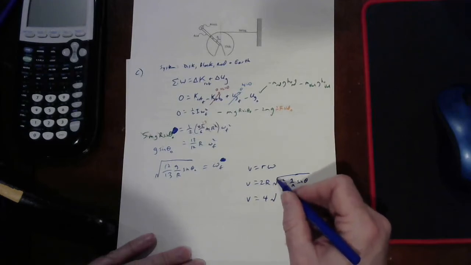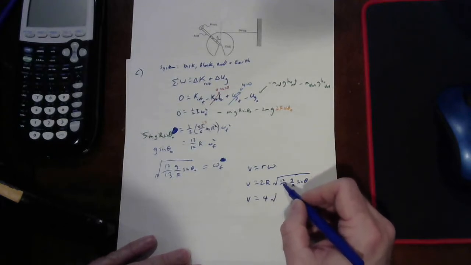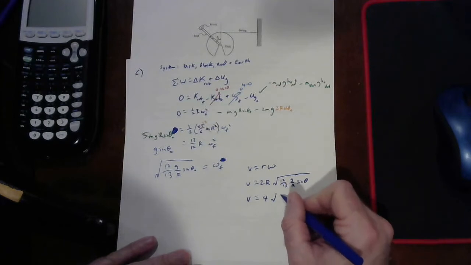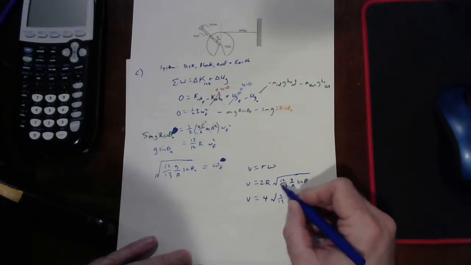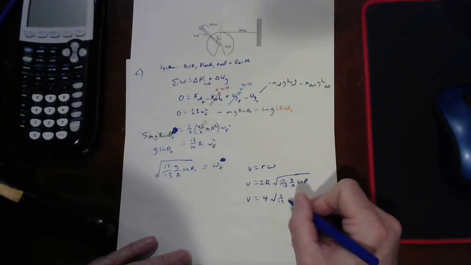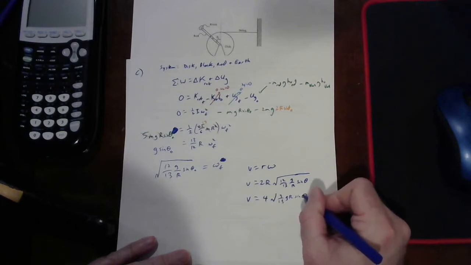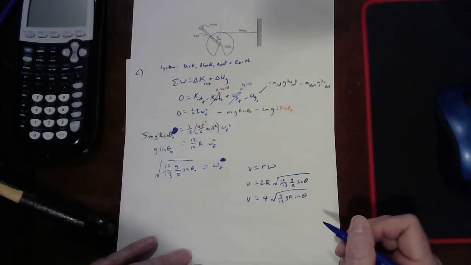I'm bringing the 4 out and I'm putting the R in. So this will end up being, I pulled the 2 out. It was a 4 inside under the radical. So this would be 3/13. This will become an R squared when I put it in, and then I'll cancel with one of the R's at the bottom. So GR sine theta is my V.